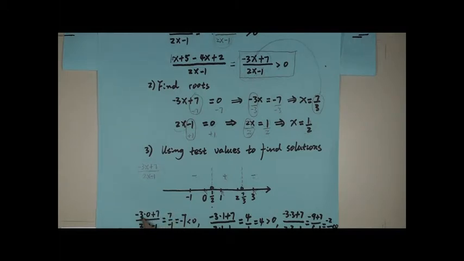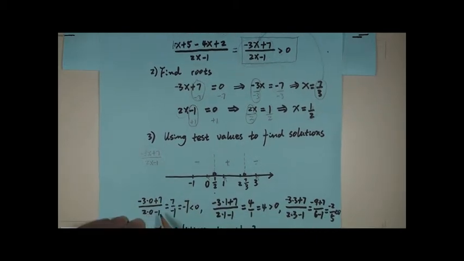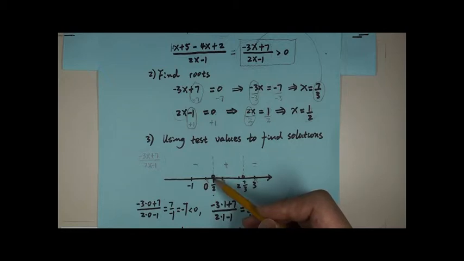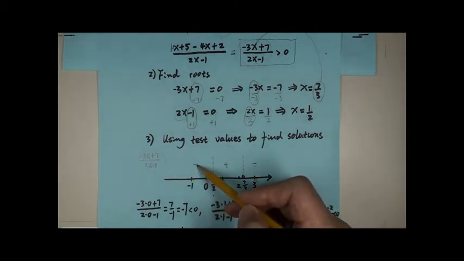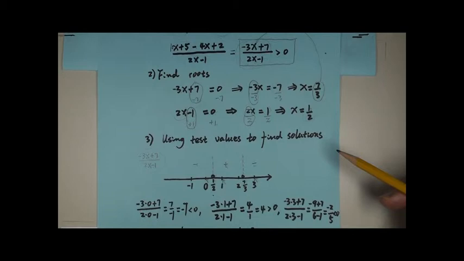And then 2 times 0 minus 1 is negative 1. So positive 7 over negative 1 is a negative number, which is less than 0. So any number less than 1/2 is negative.